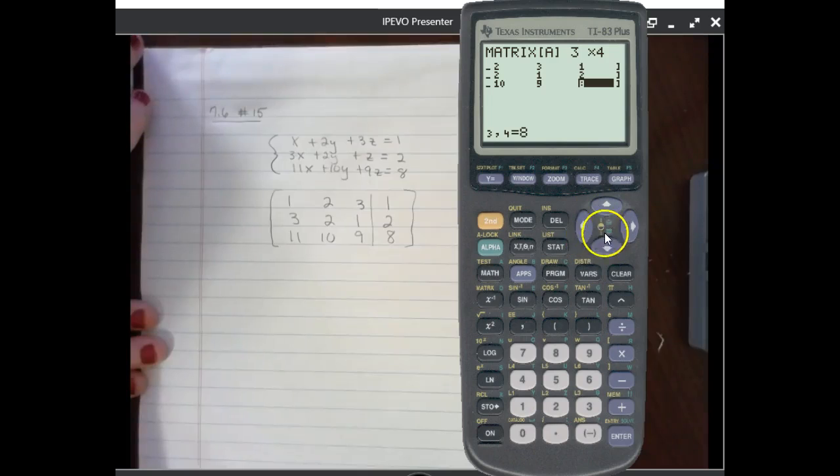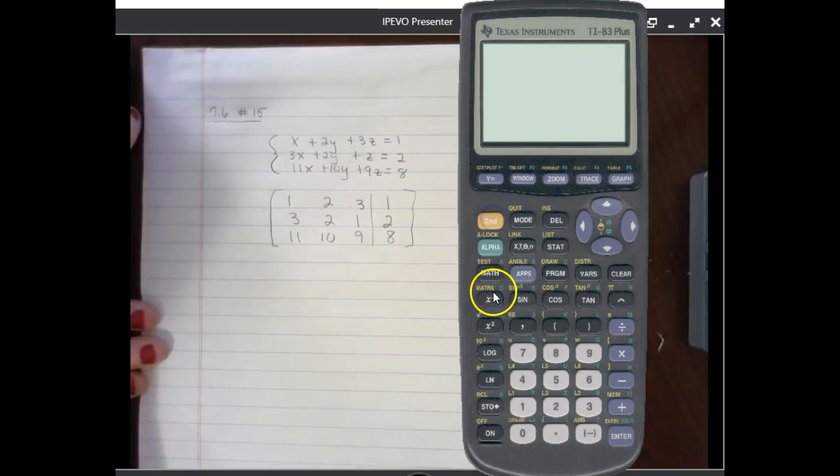Let me double check. This is the last row, 8, 9, 10, 11. This should be 3, 2, 1, 2, 1, 3, 2, 1. So it looks good, and I need to get out of this area of my calculator. Second, quit. That gets us out of there.